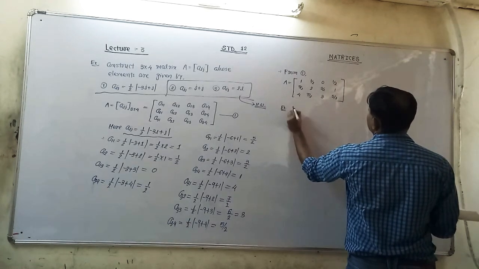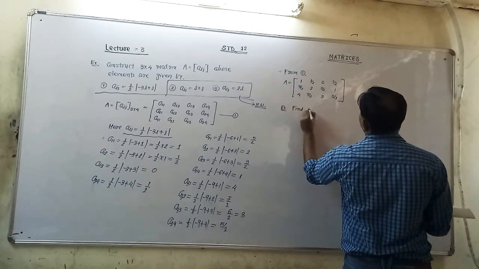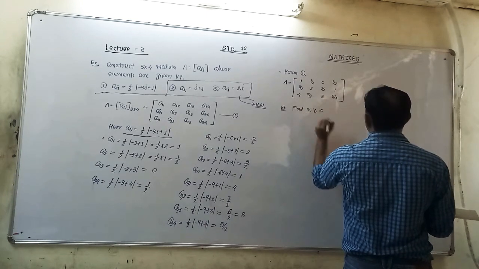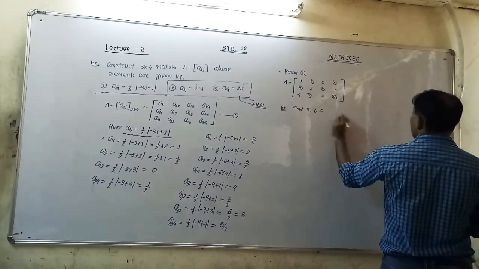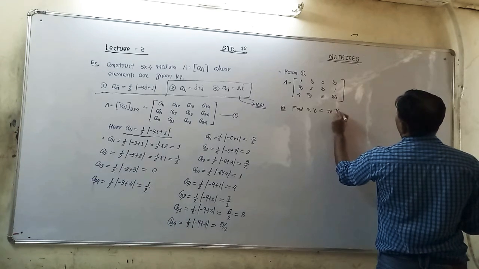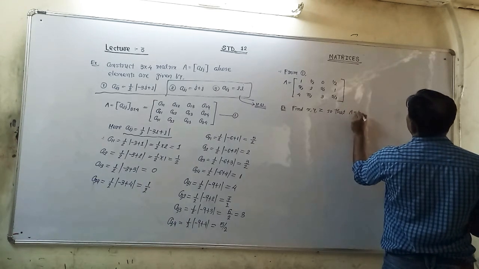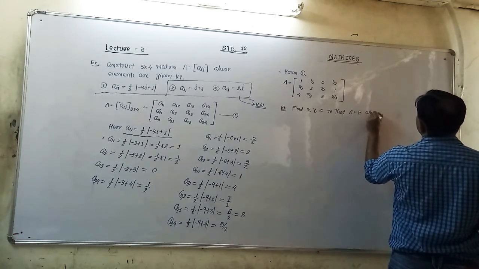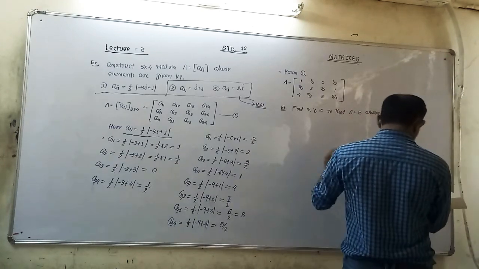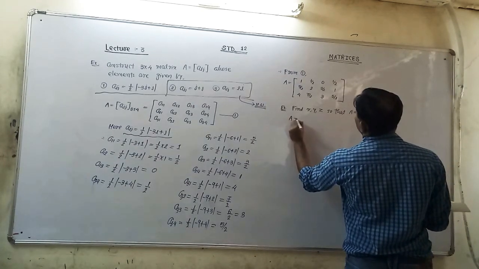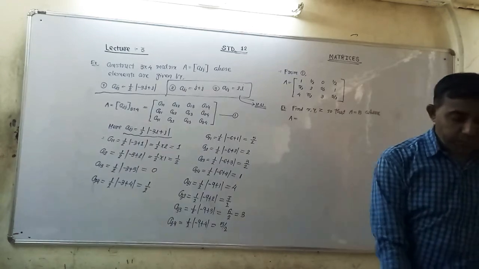Find x, y and z so that matrix A equals B, where two matrices are given.